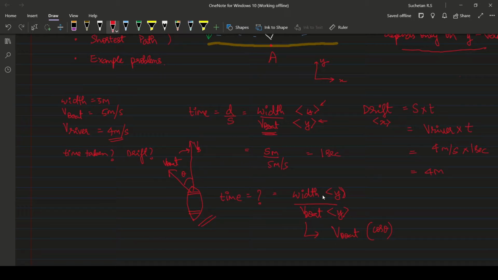That is, this is velocity of boat cos theta, and this is velocity of boat sin theta. You are ignoring this velocity of boat sin theta because that is a component in the x direction and you're taking width in the y direction. So that is why you take velocity of boat into cos theta. So the final answer is basically width divided by VB cos theta.